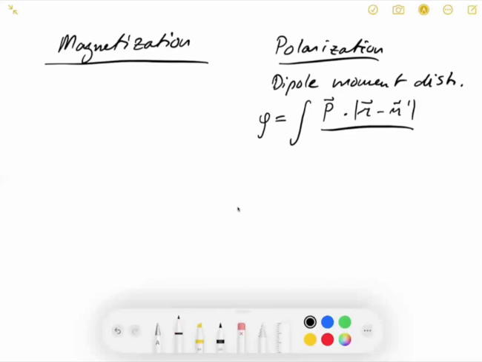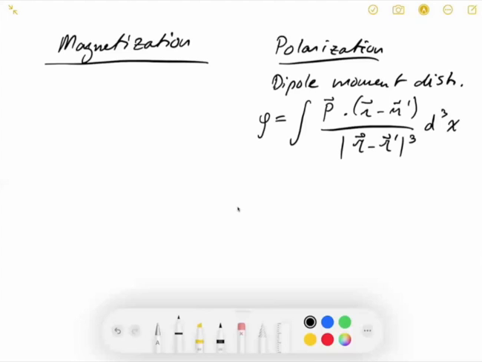over R minus R prime cubed, and then integrated over volume.